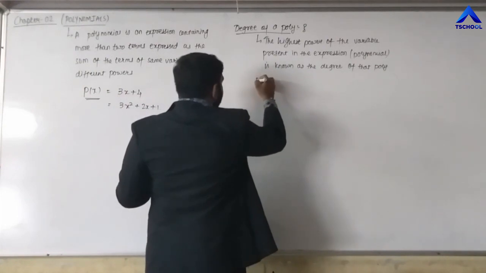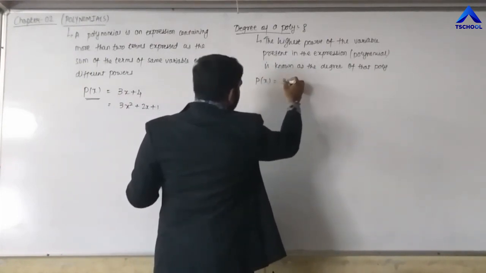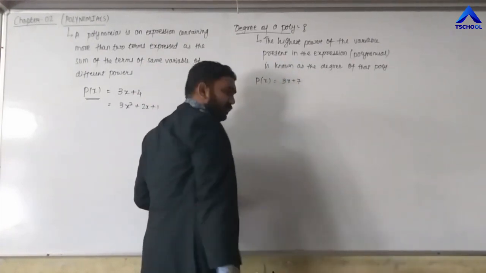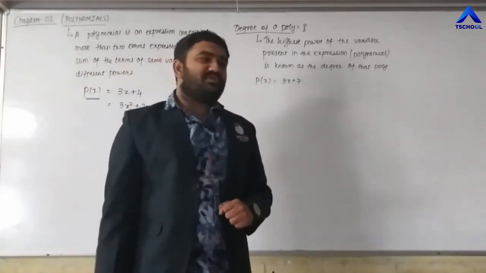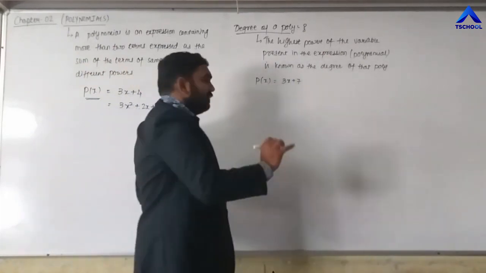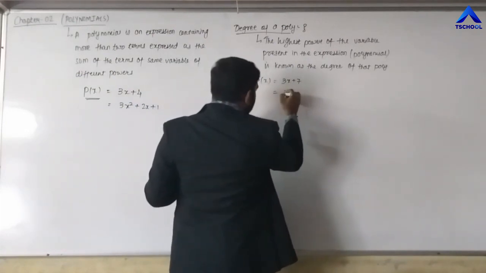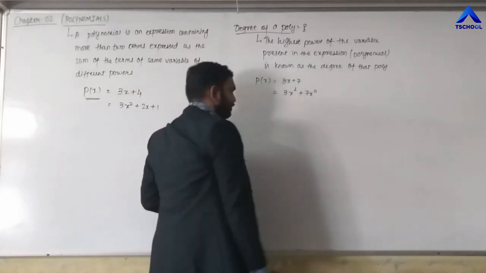Now, for example, I have a polynomial 3x plus 7. How many variables are present here? There is only one variable, so I would like to write this as 3x raised to 1 plus 7x raised to 0.